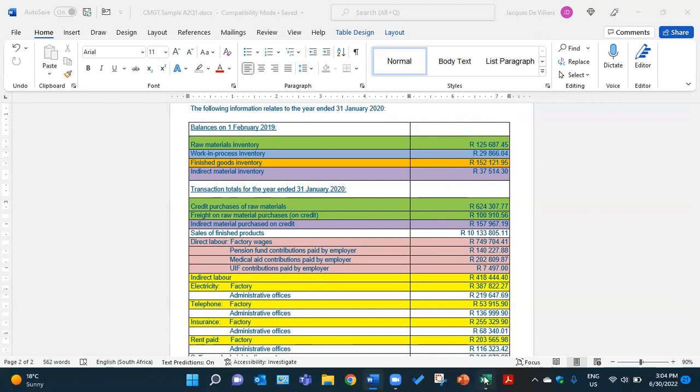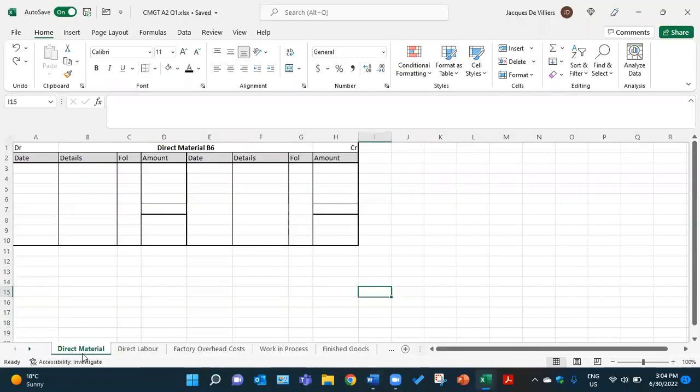So you will now see that what I've done is I went and I created for us an Excel spreadsheet. And on the Excel spreadsheet, I created 9 tabs for each of the ledger accounts in the order that we are going to do it. Okay, so let's have a look at direct material.